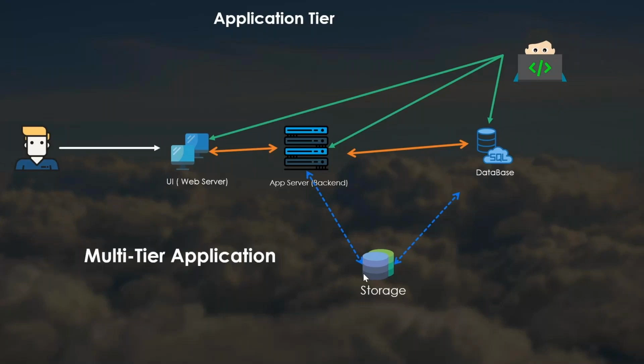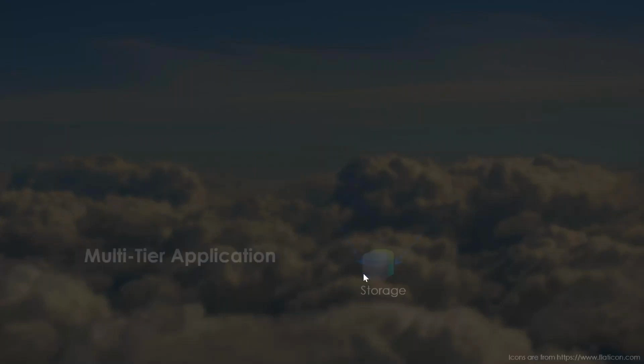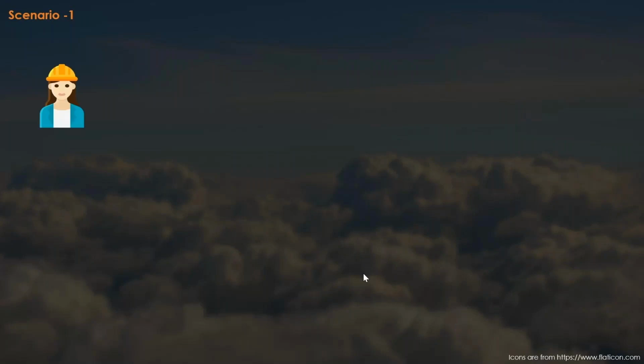With this concept, you can also imagine how we can work on the security aspect of it, because that is also very important. When we are talking about security, we will start with a scenario: say you are an architect of an organization, and you have multiple multi-tier applications, right?